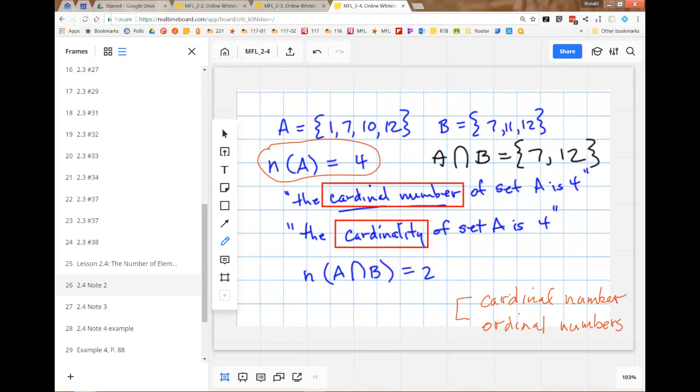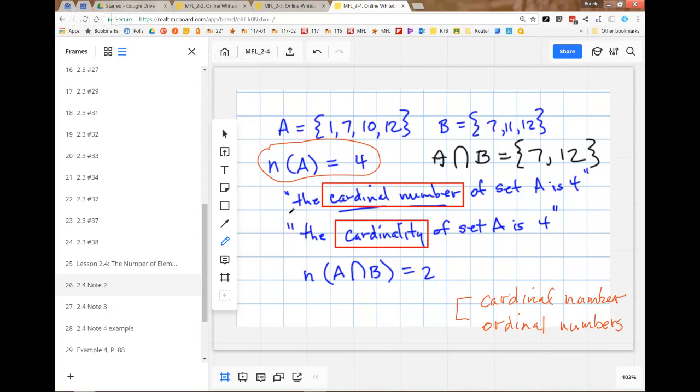When you write a little n with the set name in parentheses, that means the cardinal number. The cardinal number of set A is 4, and all that means is set A has 4 elements in it. How many numbers does set A have? 4.